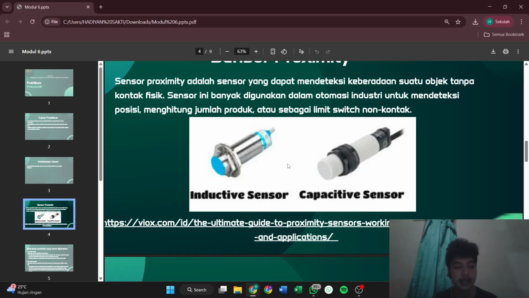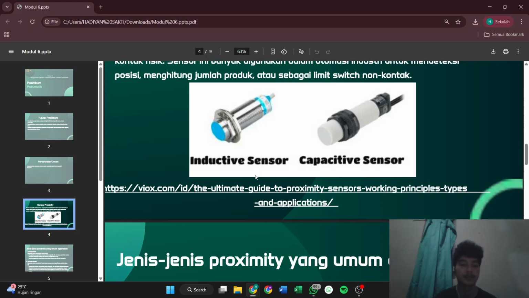The PLC then activates a solenoid valve, which controls the airflow to move the piston. In simple terms, the sensor is the eyes, the PLC is the brain, and the pneumatic actuator is the hand of the system.